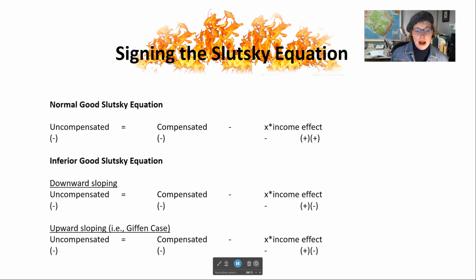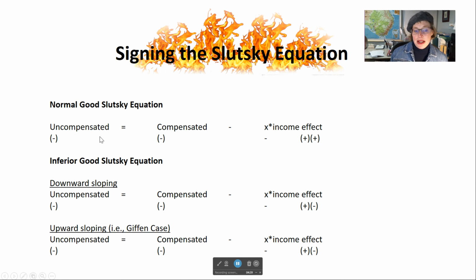This would be a result of the sum of a negative compensated slope and then minus x, which will be positive, times a positive effect. So we have a negative and then a negative over here, which gives us a negative for a normal good Slutsky equation.